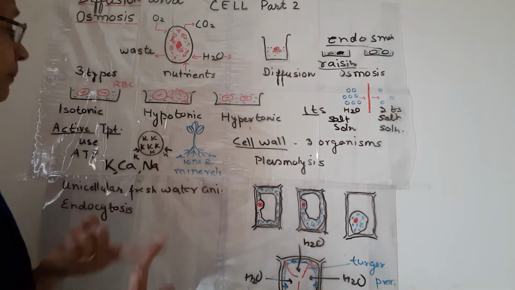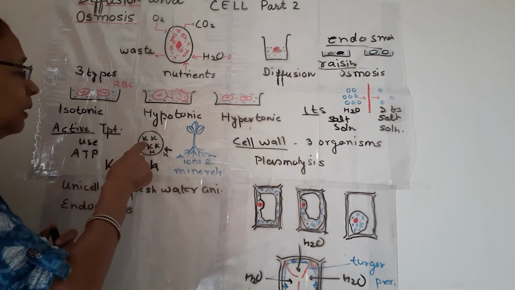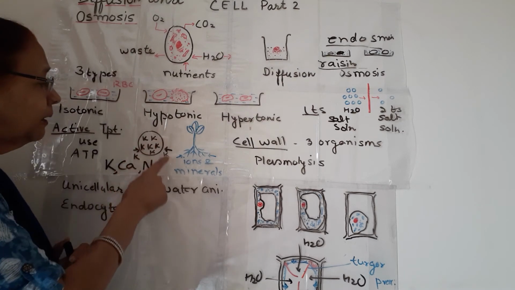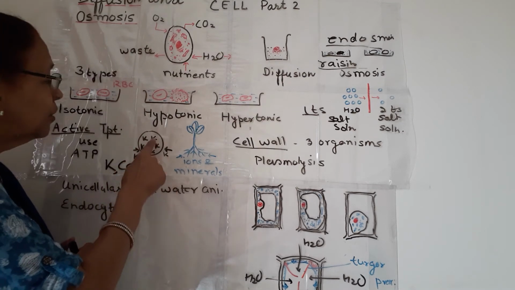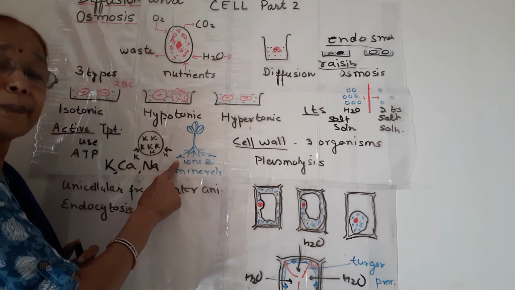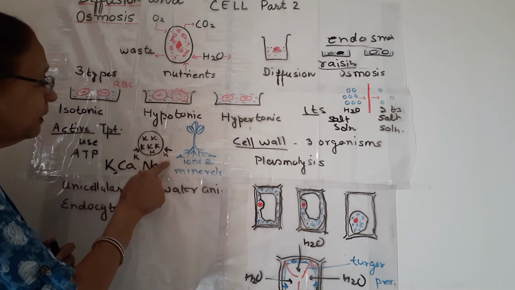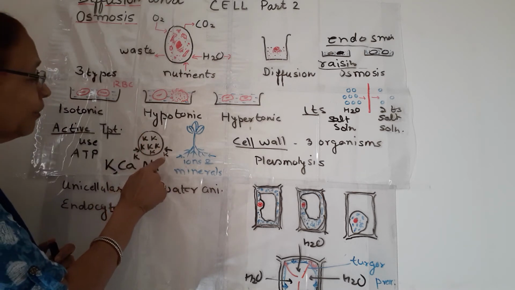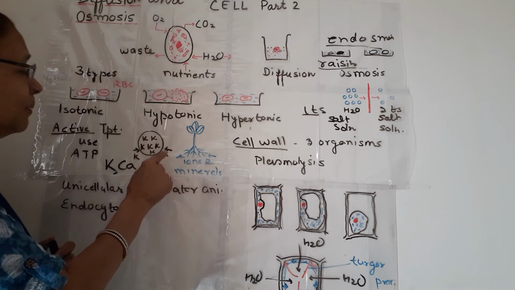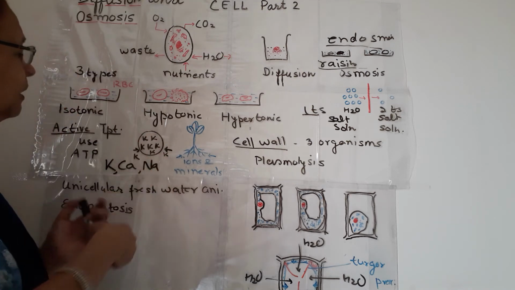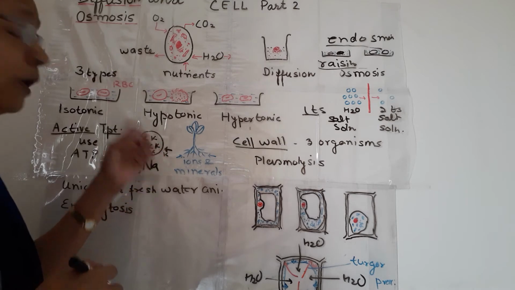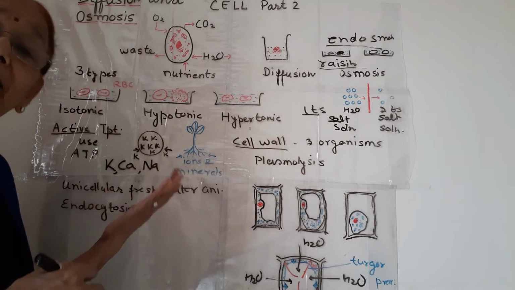What does it mean? It means although the concentration is more here and less here, this should come out, but as the cell needs more, from the region of lower concentration, these are going in towards the region of higher concentration.